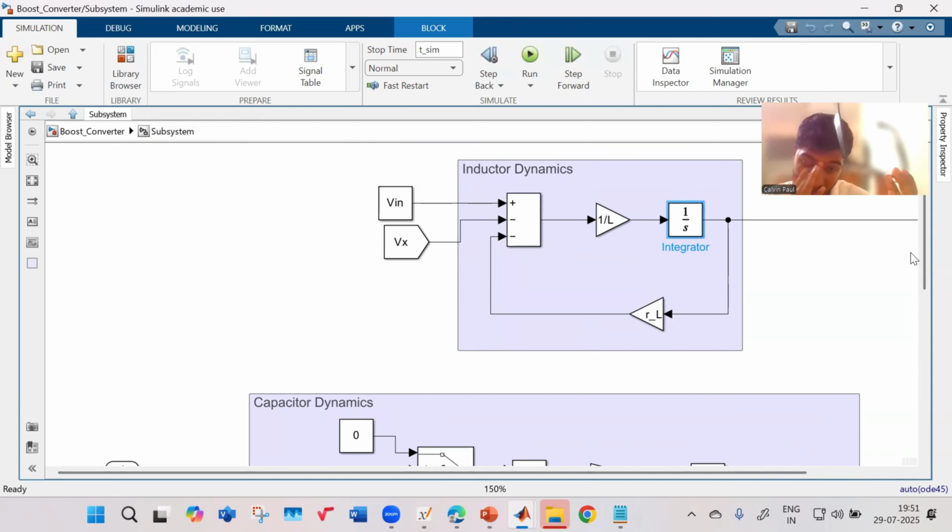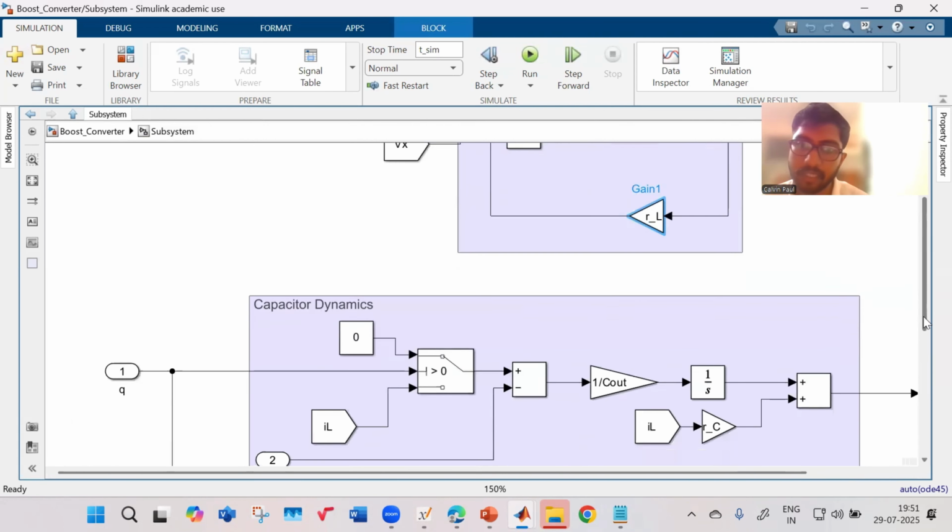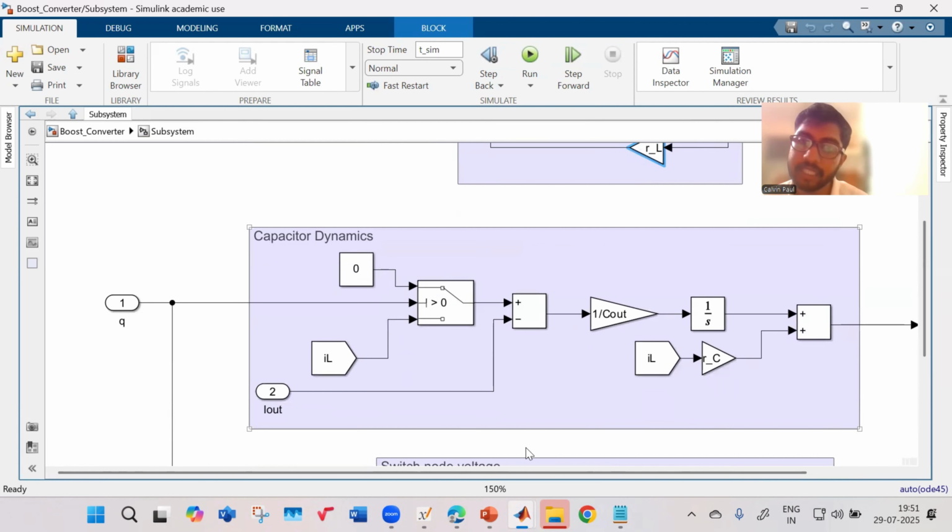This is due to the DCR of the inductor, etc. So this is for the inductor dynamics. Similarly, this is for the capacitor dynamics, where either inductor current is coming or zero current is coming, and then the load current is being subtracted. Then you divide it by the C out. Then you get dVc by dt. You integrate it, you get Vc. Then you add the factor due to the ESR of the capacitor. All these things are there.